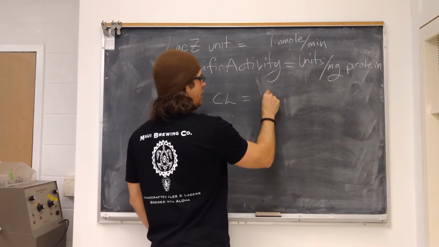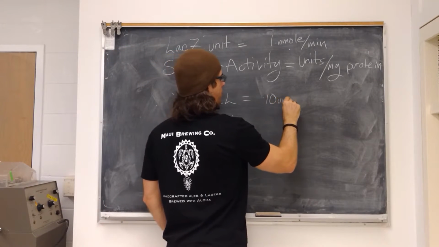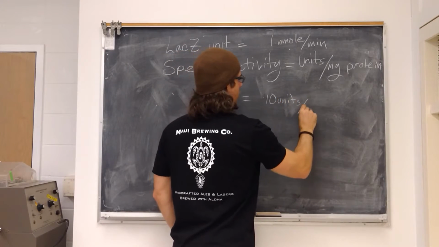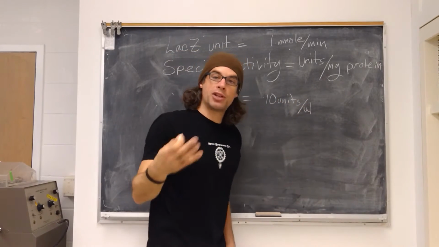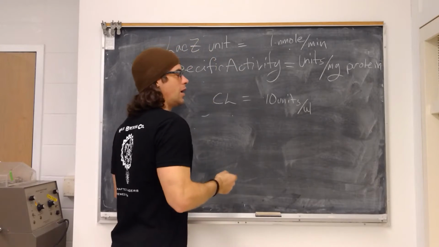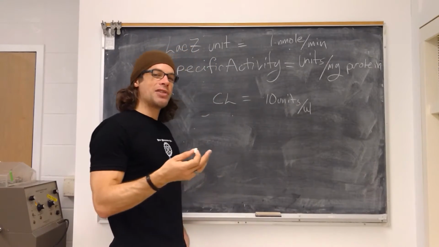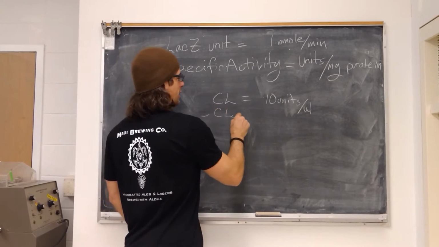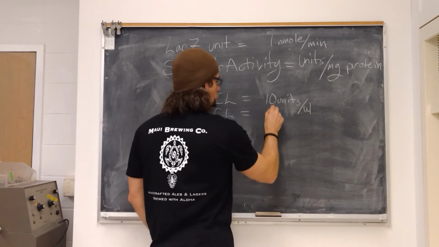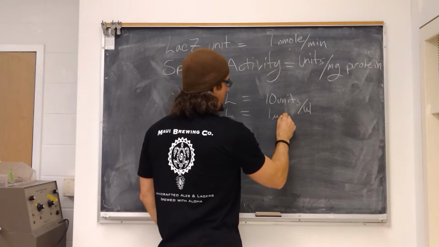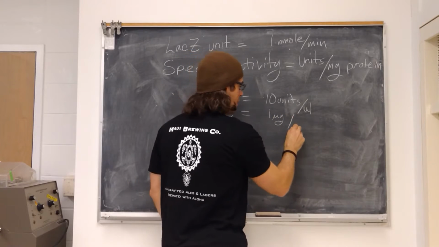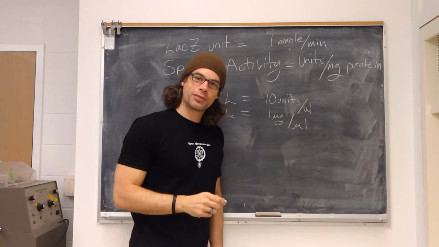Let's say it's got 10 units per microliter. Now, this may or may not match up with the value you found. That's fine. This week, we determined using a Bradford assay that your cleared lysate has 1 microgram of protein per microliter.